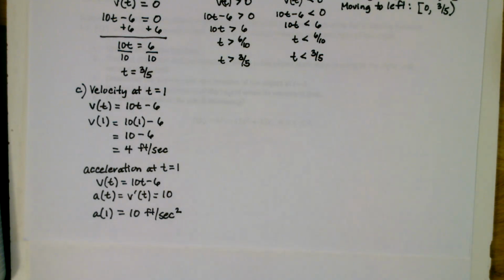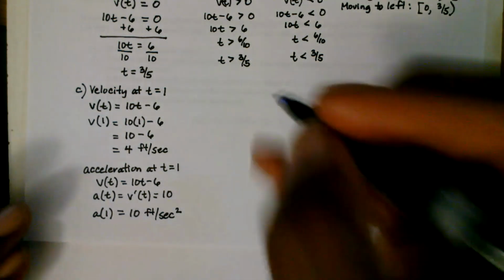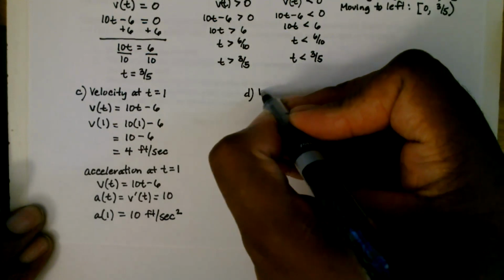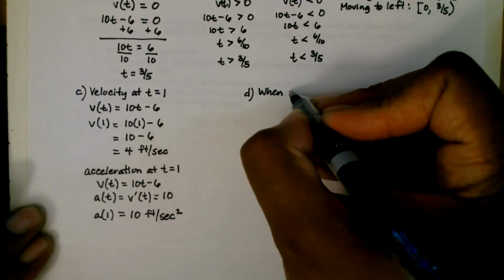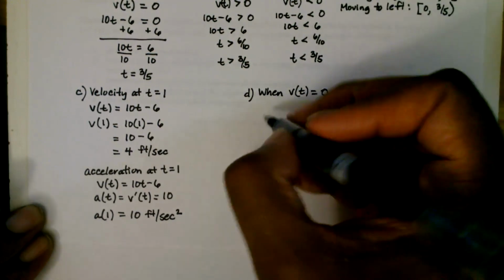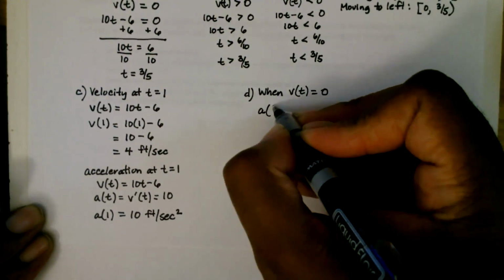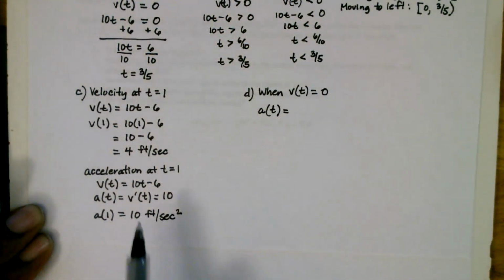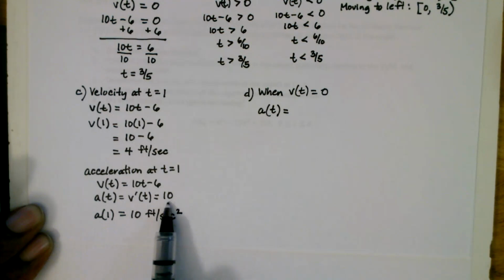Now for part D, when the velocity is 0, we need to find out what the acceleration of the object is going to be. So I'm going to do part D over here. So here, when v of t is equal to 0, well, we found the derivative of our velocity, which is going to be 10.